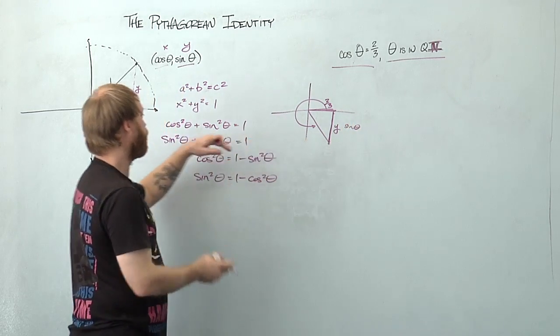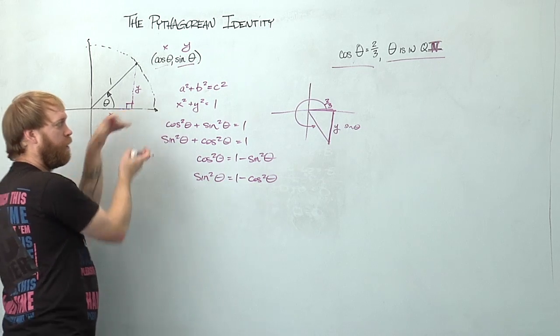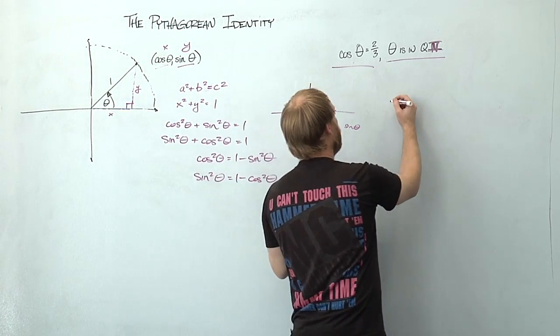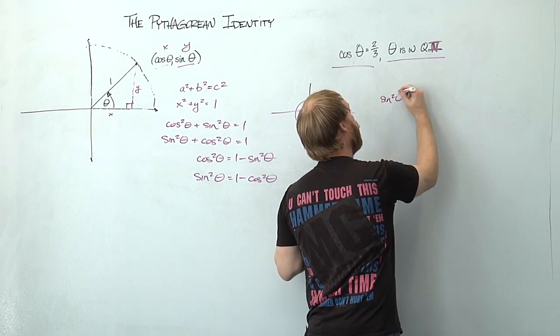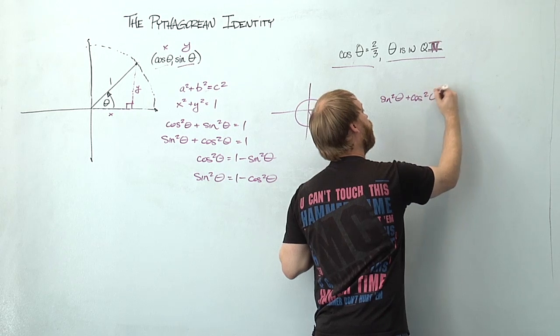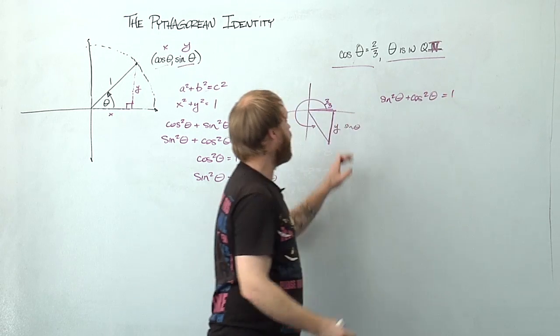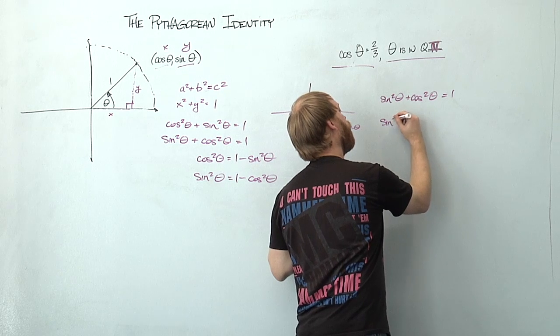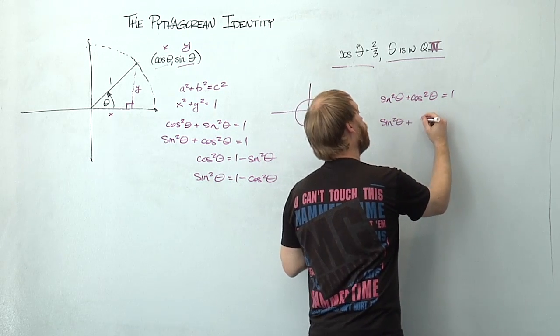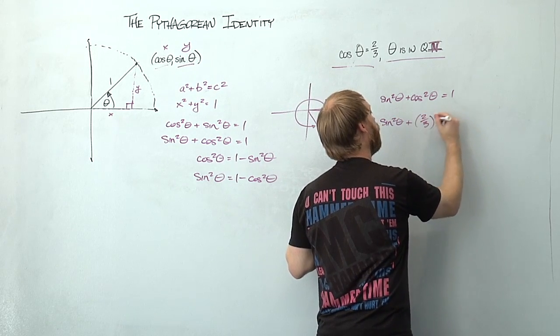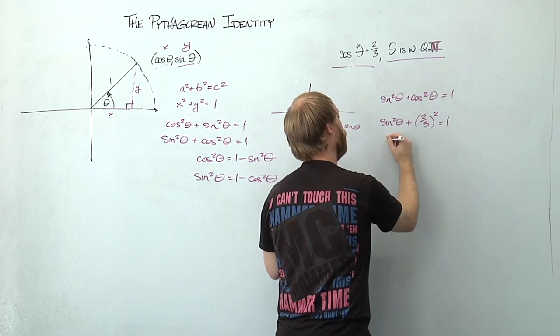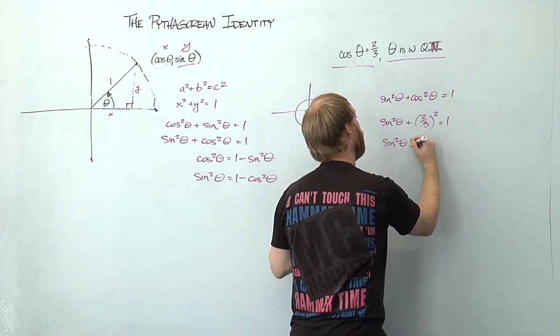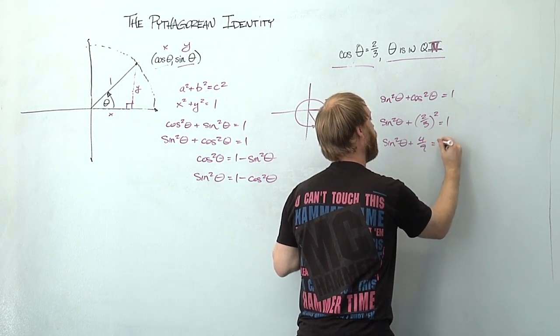So I'm going to use my new Pythagorean identity to do that. So sine squared theta plus cosine squared theta equals 1. I know that cosine theta is 2/3. I'm going to square that.